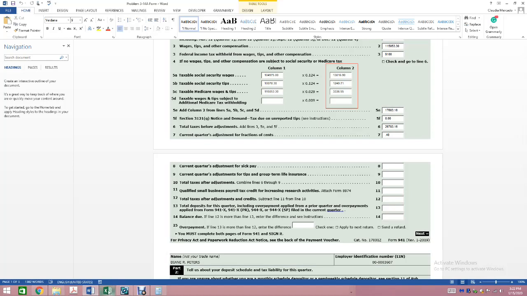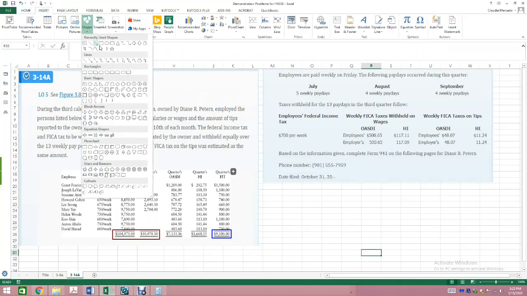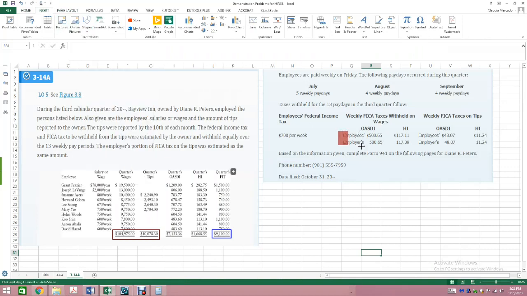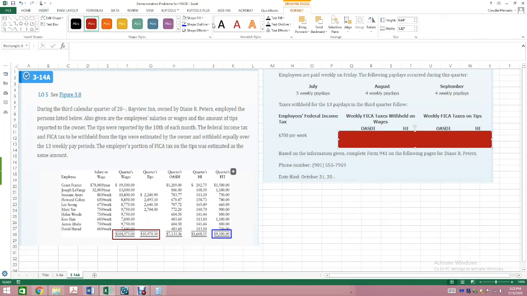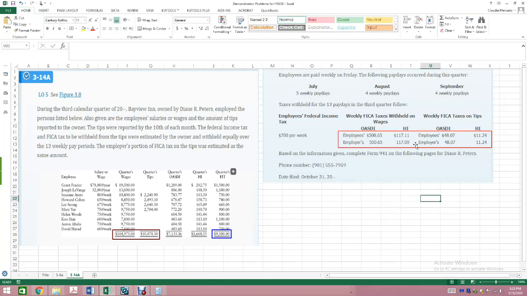And the calculation, just to go back, you're going to add all of these amounts right here for the wages and the tips for both the employee and the employer, okay? So, it's going to be 565, 565, 117.11, 117.09, 48.07, 48.07, 11.24, 11.24.